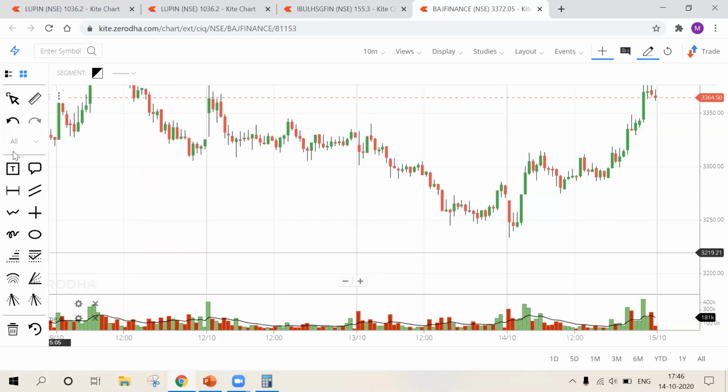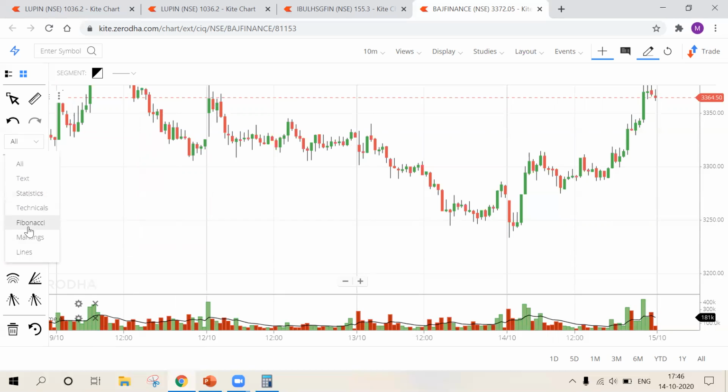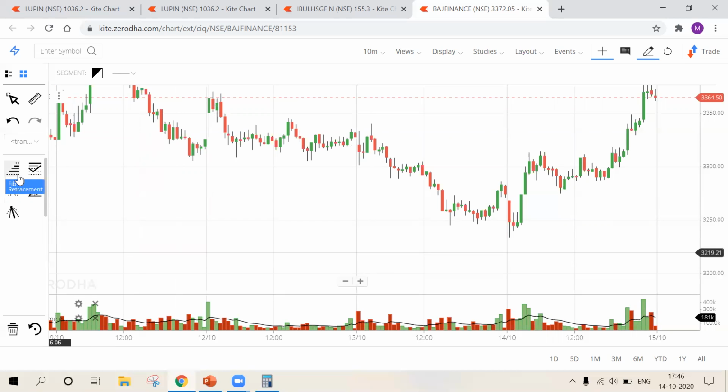Now you'll be able to see Fibonacci here. Click on Fibonacci, and you should be using this first diagram, which is Fibonacci retracements. I repeat, search for Fibonacci in the drawing tool and select Fibonacci retracements.